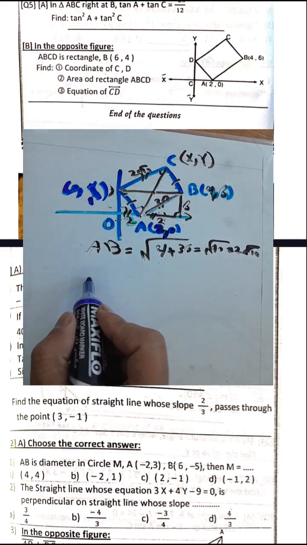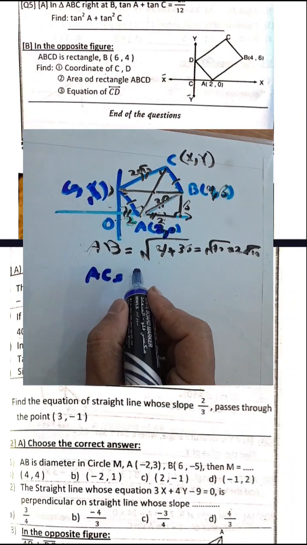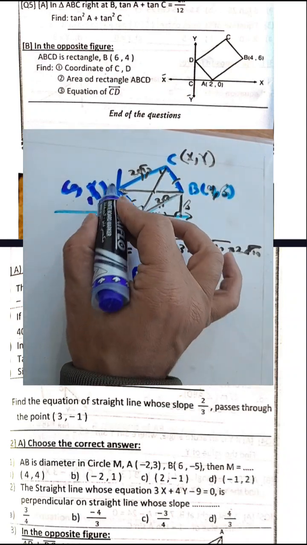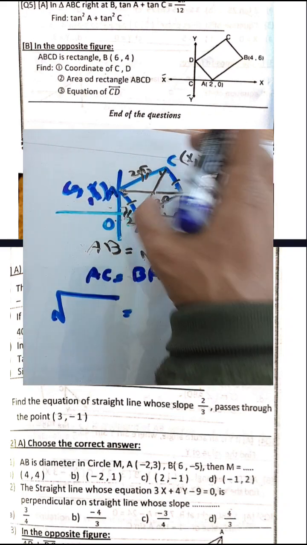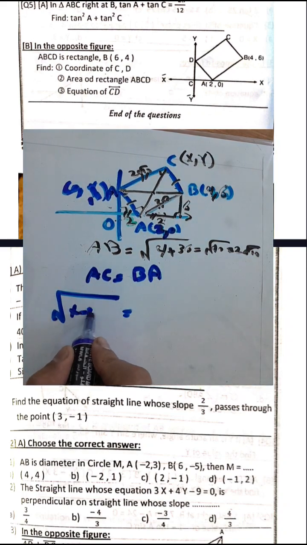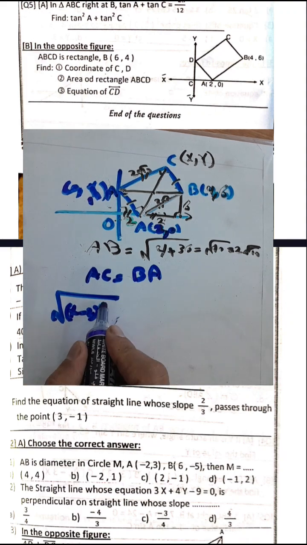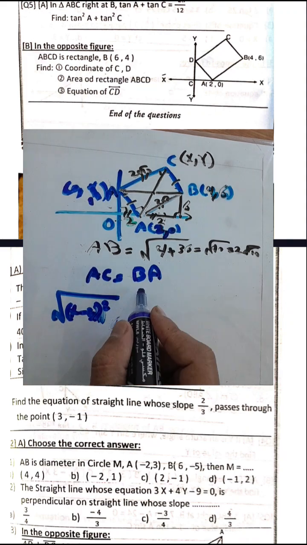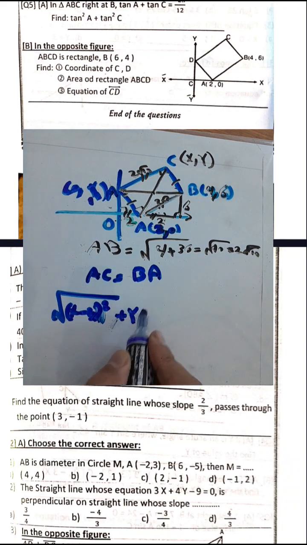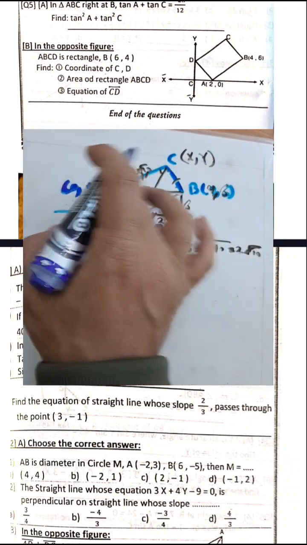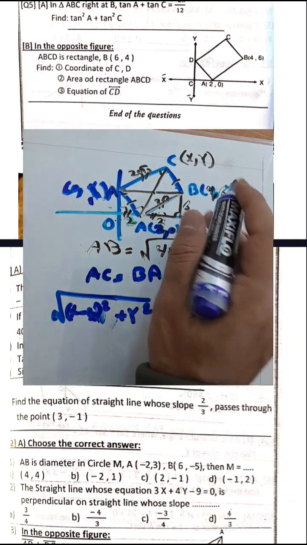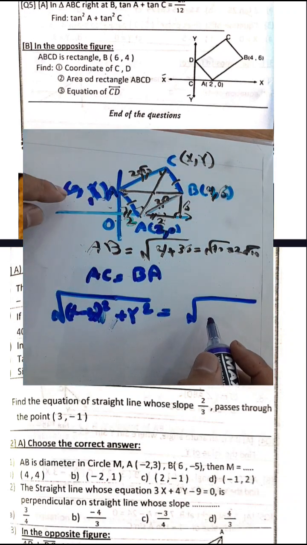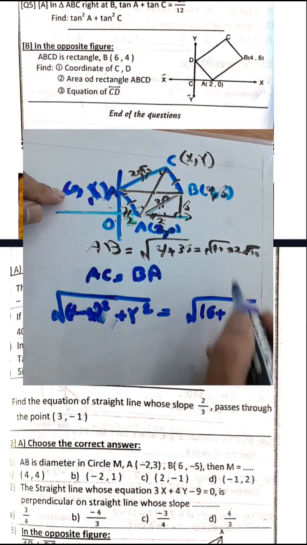The length of EC equals the length of BA. We can write the square root of (x minus 2) power 2, and here (y minus 0) power 2, it will be y power 2, equals the side length here between P and the square root here, (4 minus 0) power 2, it will be 16, and (6 minus y) all power 2.